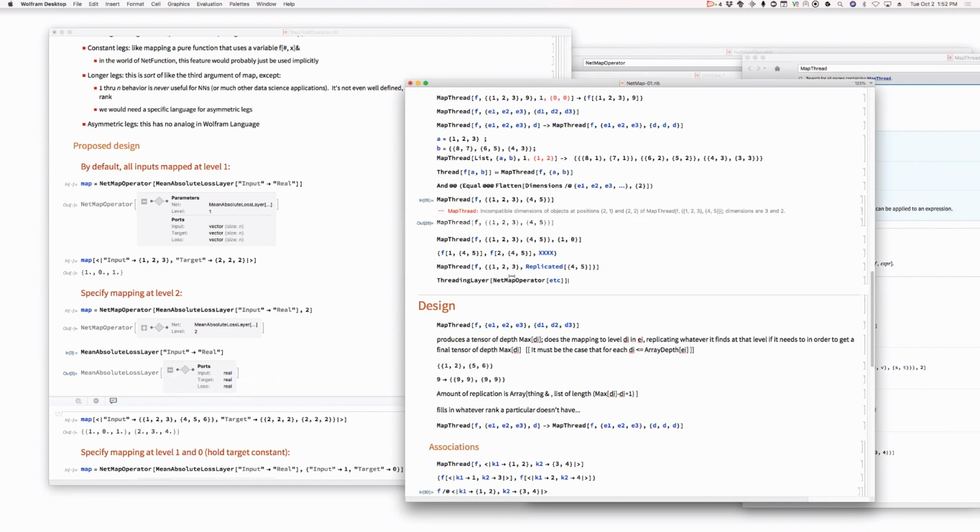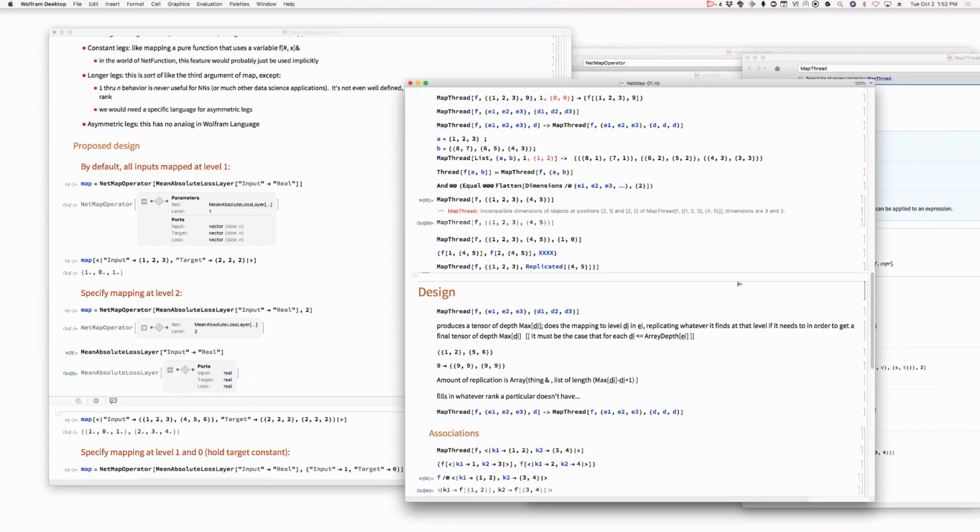Okay. Various comments on our live stream. Carl Lang is commenting: can't you use the threading layer of NetMapOperator for that? But I'm not sure what that is anymore. I mean, that's a bit of a Frankensteinian monster, it feels like. The argument of the threading layer is a scalar function, fundamentally.